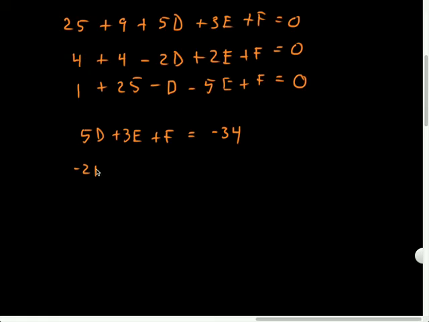Then I'll have -2d plus 2e plus f equals, 4 and 4 is 8, so -8 on the other side. And -d minus 5e plus f equals 26, so -26 on the other side.